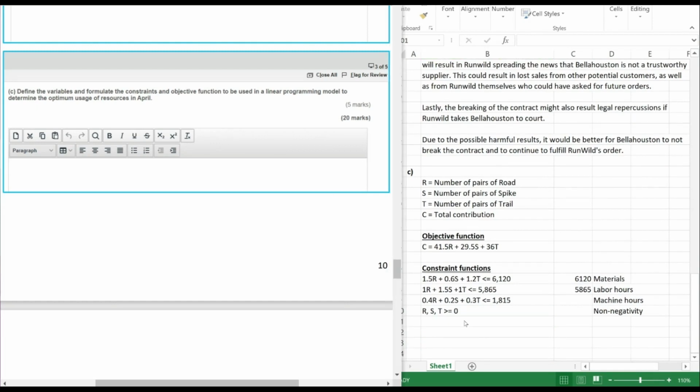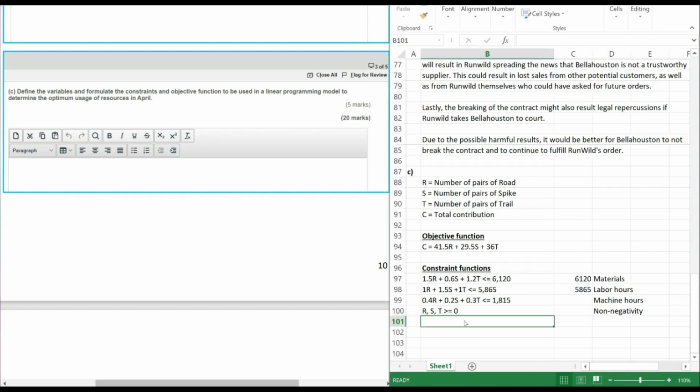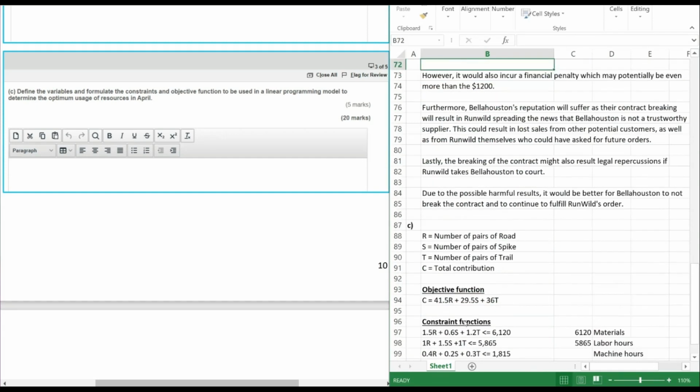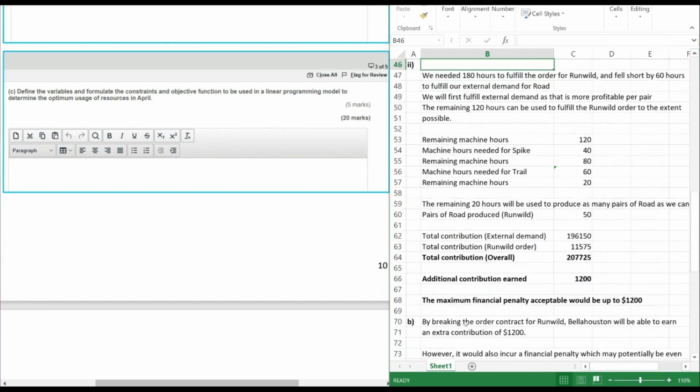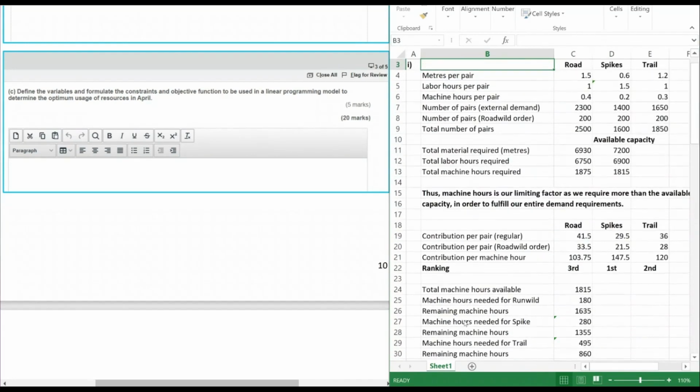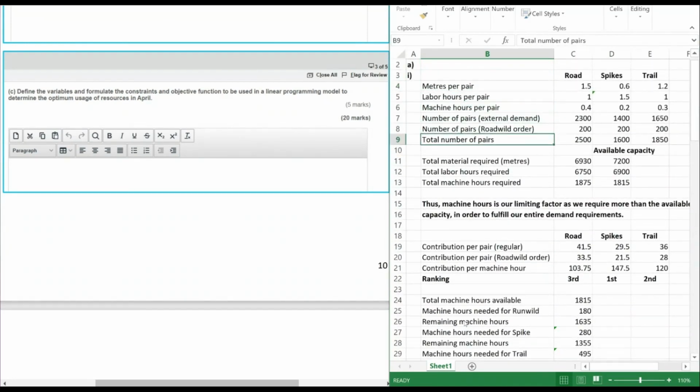Of course, since they've given us the external demand, we would need to include constraints for external demand as well. Which will simply be the same as the demand numbers from above, because the demand they said would not change.